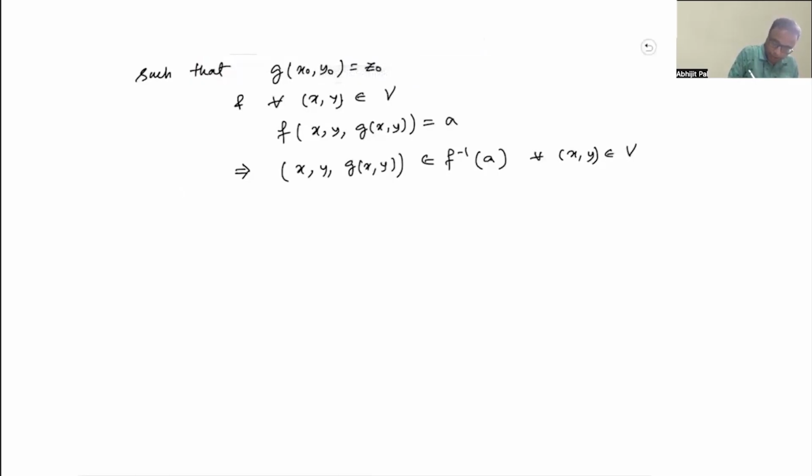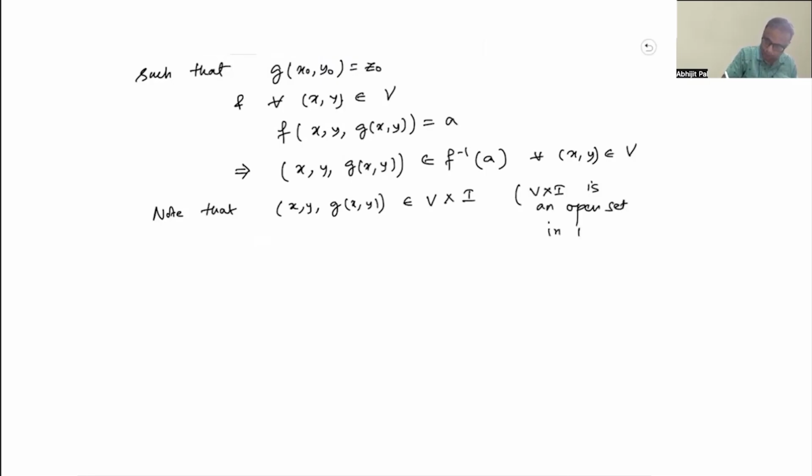Also note that this (x, y, G(x, y)) belongs to the product of these two open sets, B cross I. So this B cross I is an open set in R3.